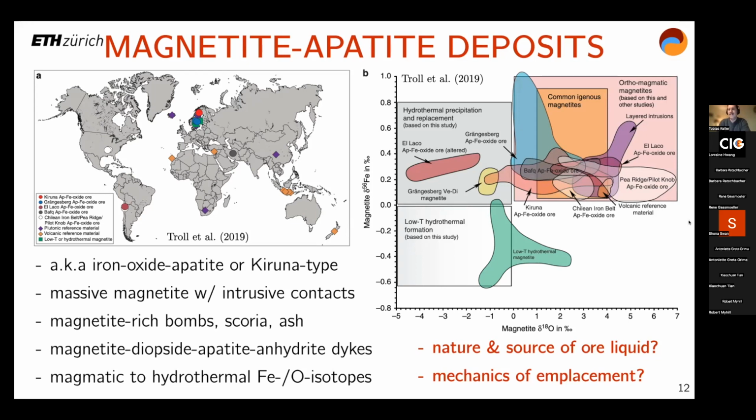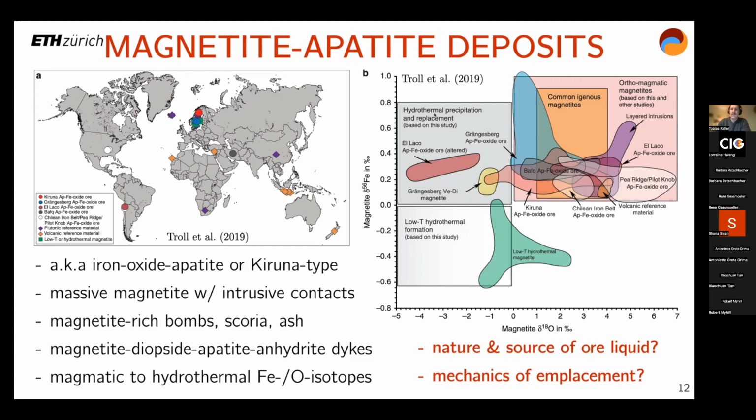And what you can see in this collection here is essentially the isotopic signature of a number of these Kiruna type magnetite-apatite deposits. And in particular, this little red area here is Kiruna itself, and Laco, which we're going to talk about, is up here. All of these fall into the corner, which indicates magmatic conditions. So that means high temperatures and the mantle type signature of the isotopes.